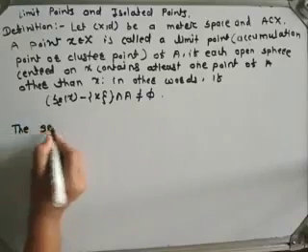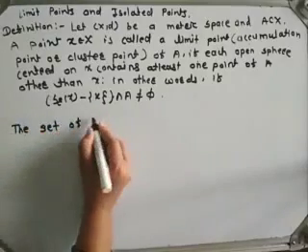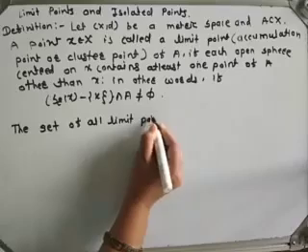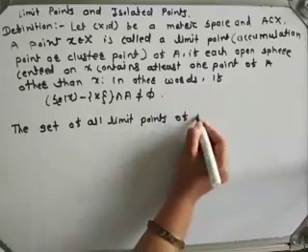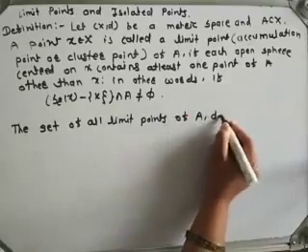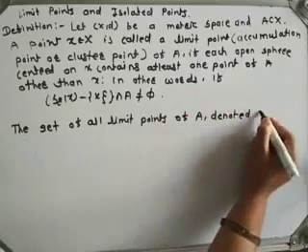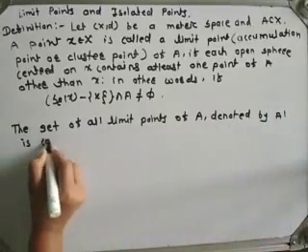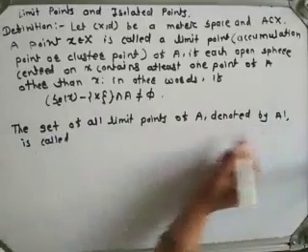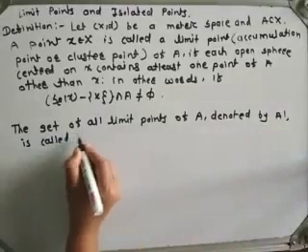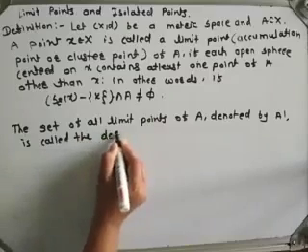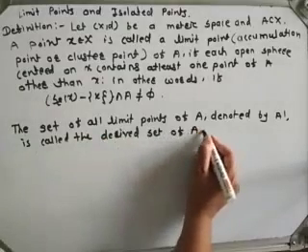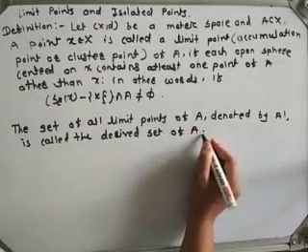The set of all limit points of A, denoted by A dash, is called the derived set of A.